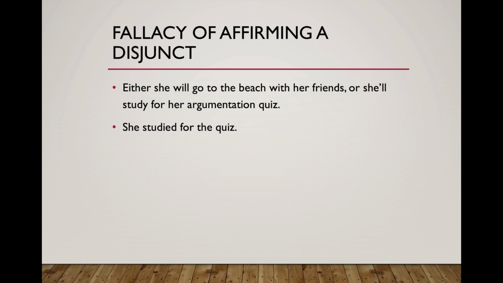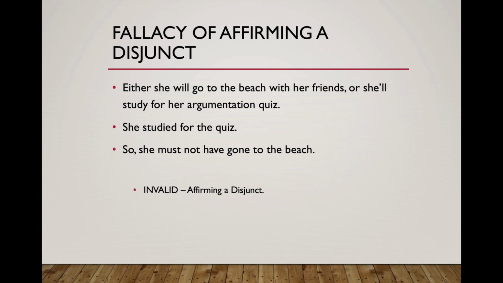Why? Because the first, disjunctive premise here says either she'll go to the beach with her friends or she'll study for the argumentation quiz. And we know that one of those must be true, but they could both be true. And so knowing that one of them is true, that she studied for the quiz, does not allow us to conclude with logical certainty that the other one is false, right?